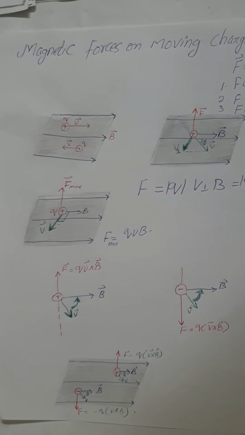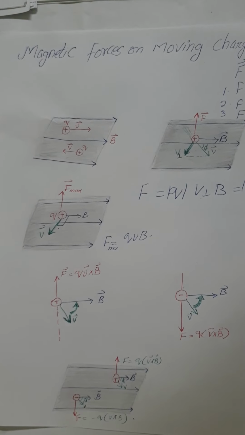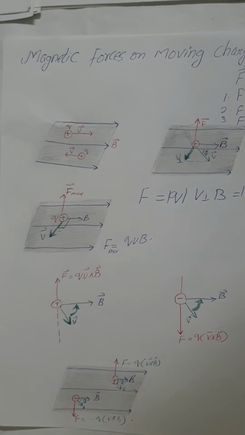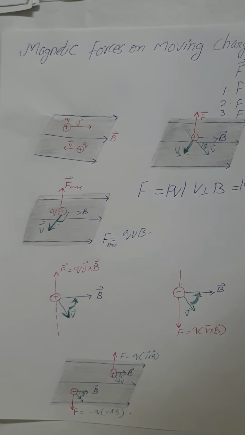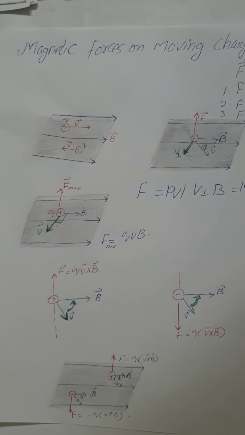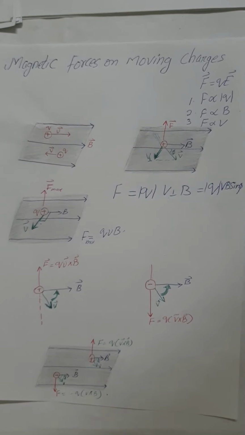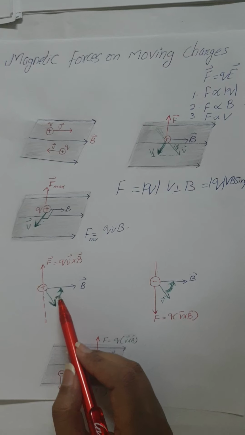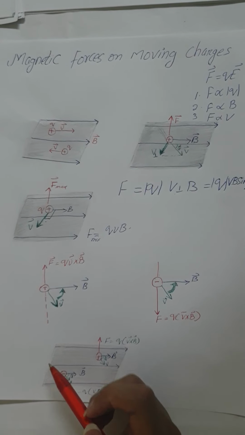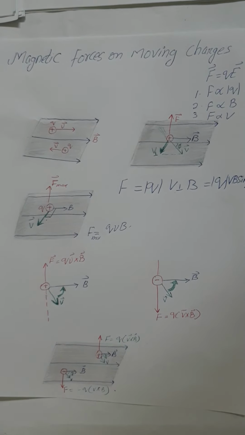So to understand this, we can use the right hand rule that we used to define the vector product previously. Here, draw the vectors v and b with their tails together.